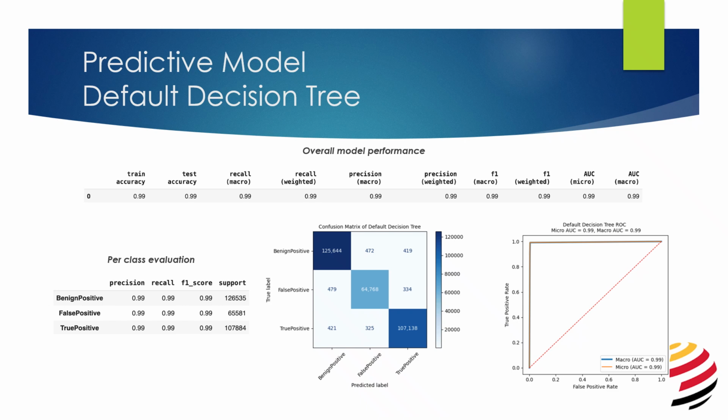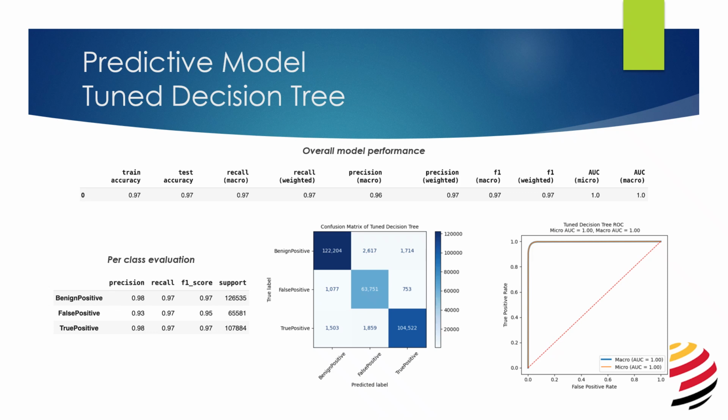This is confirmed by the ROC curves, with both micro and macro AUC at 0.99, demonstrating the model's excellent ability to distinguish all three classes with minimal bias.